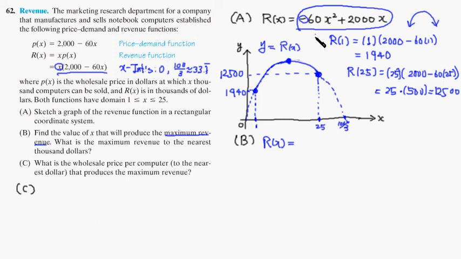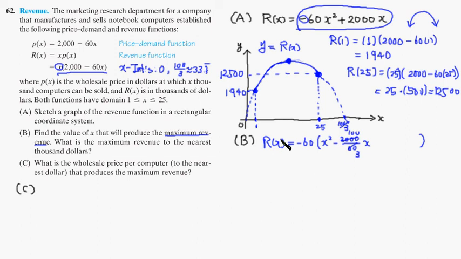Right, so first step is to factor out the negative 60. Then you're going to get x squared minus 2,000 over 60 times x in parentheses. If I simplify that, this is 100 over 3, by dividing top and bottom by 20.